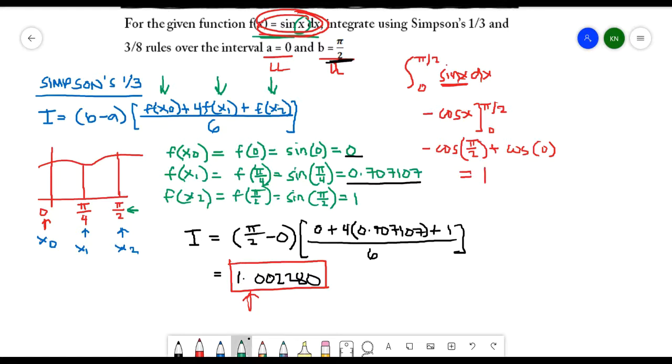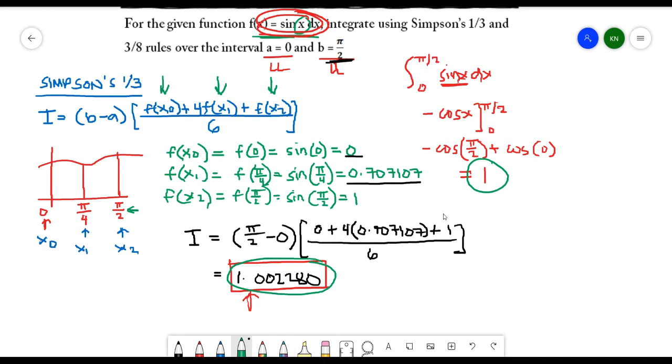So as you can see, the answer that we got from Simpson's one-third rule is approximately equivalent to the answer when we solve the equation in the conventional way of integrating.